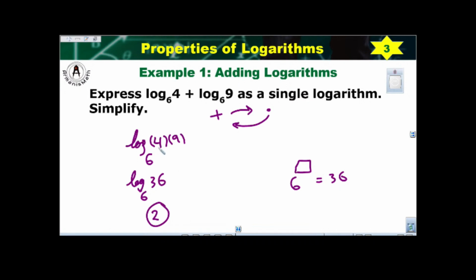So I was able to multiply the items, 4 times 9, which gives you 36. Remember, this happens when you have the same base. I'm looking for log base 6 of 36, and I moved my brain to the exponential side: 6 raised to what power gives me 36? It turns out to be just 2. So the value of this whole log is 2.